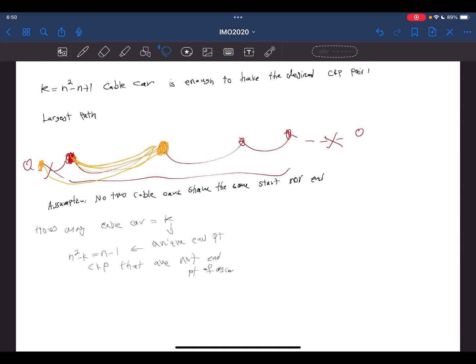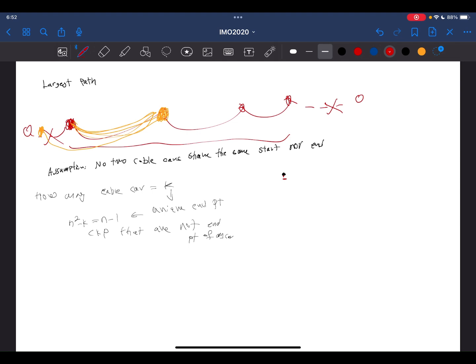Okay? And each of these n minus 1 checkpoints is basically the starting point of a unique largest path, right? So notice that I'm not claiming that you can connect two checkpoints using A cars.